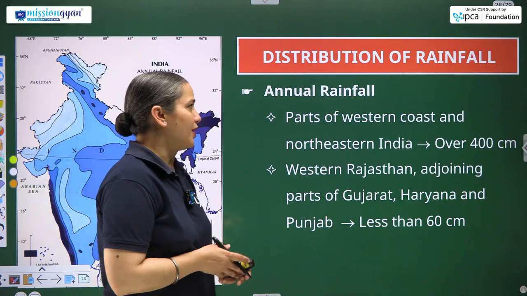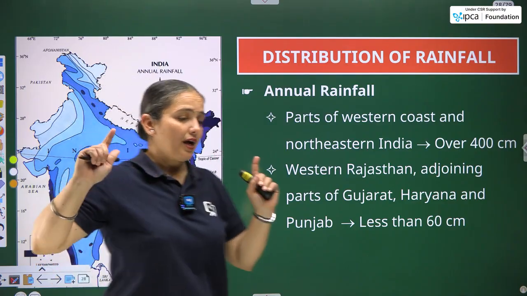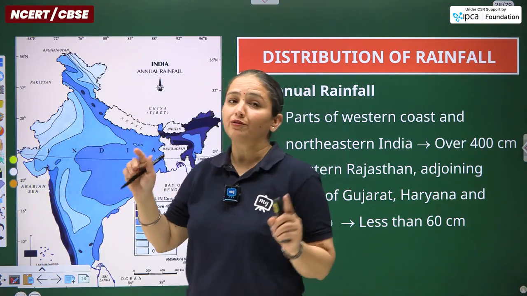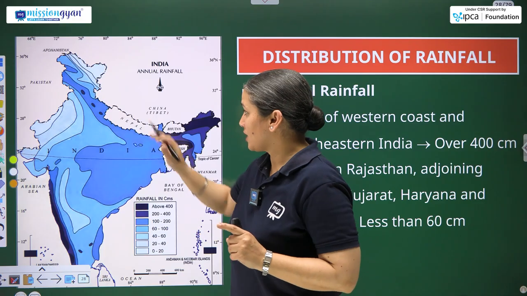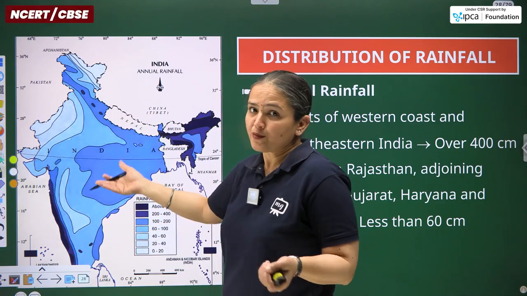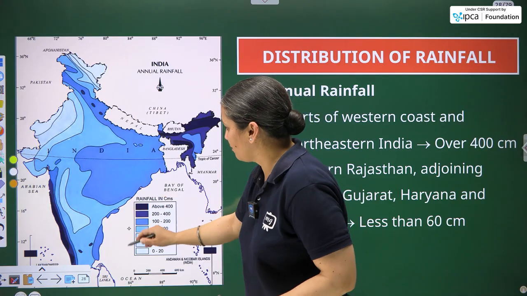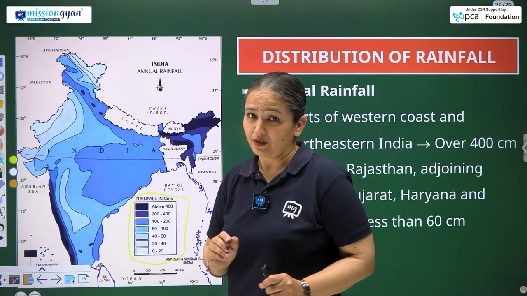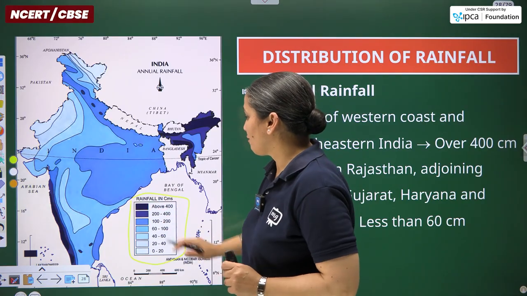So, distribution of rainfall, annual rainfall, and here is the map of the annual rainfall distribution. You can understand this map in terms of distribution of rainfall with the help of this table, as it is given for rainfall in centimeters.